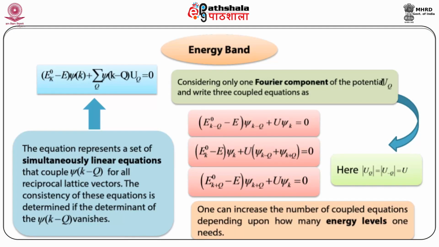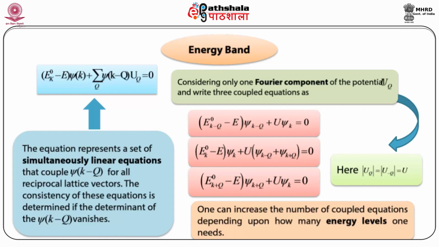Energy bands. The Schrödinger equation in Fourier space in 1 dimension, which was found in the previous module, is written as (E⁰_k − E) φ_k + Σ_Q U_Q φ_{k−Q} = 0, with E⁰_k = ħ²k²/2m, and Q are the reciprocal lattice vectors.